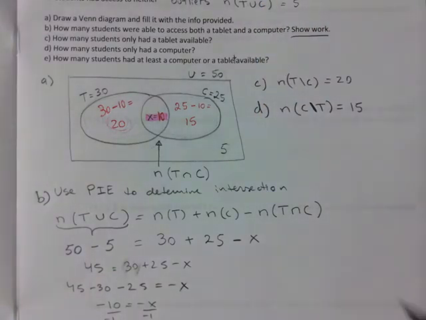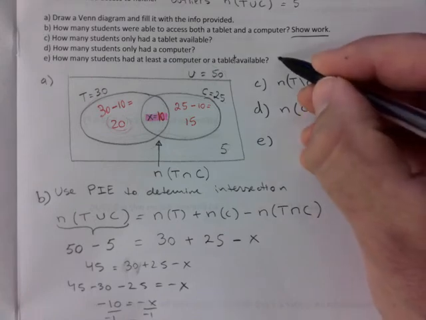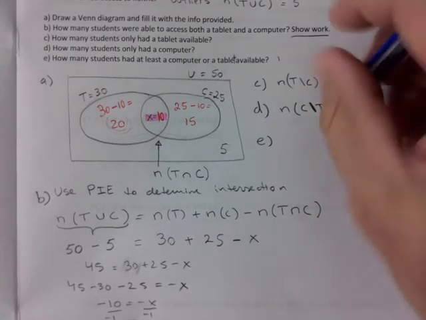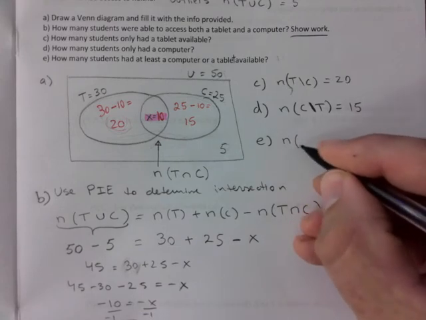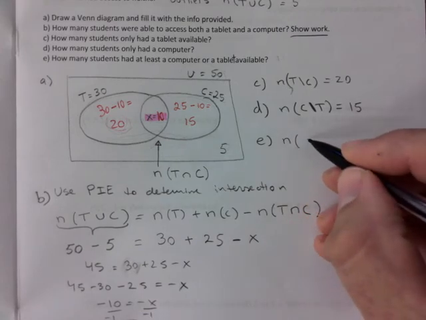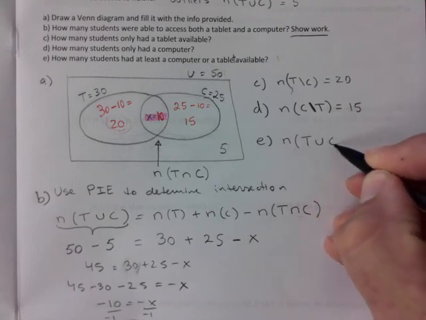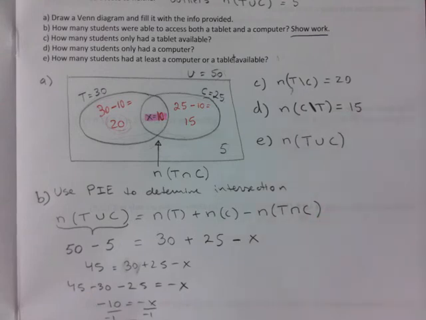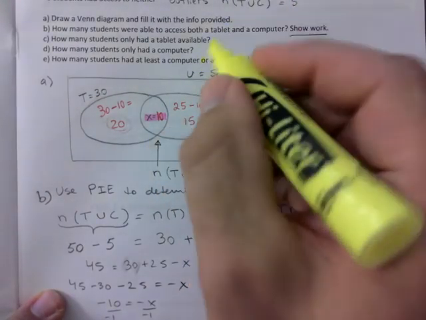So that is just your or, right? So this is basically asking, I'm going to do that right where E is. They're asking what's the number of elements that are in T or C, right? The emphasis here is on the or.